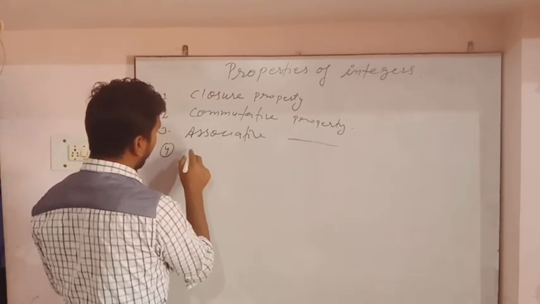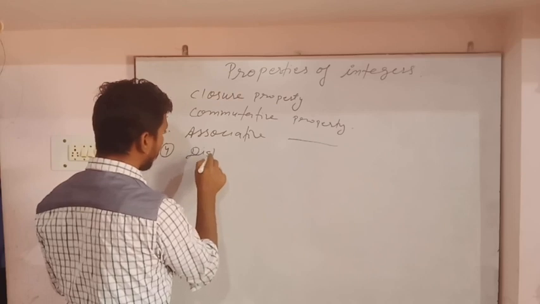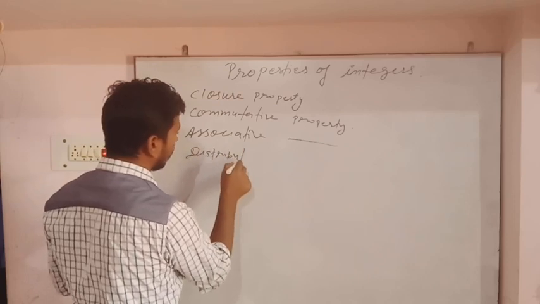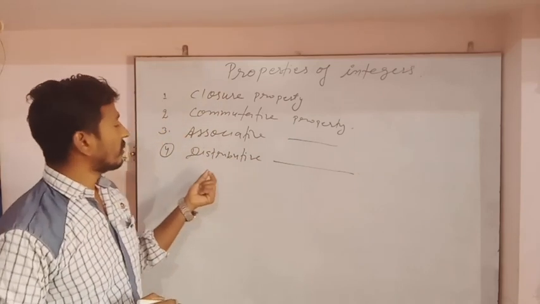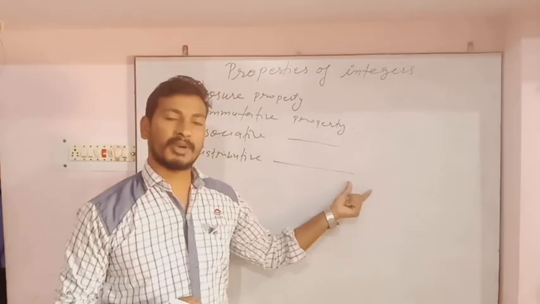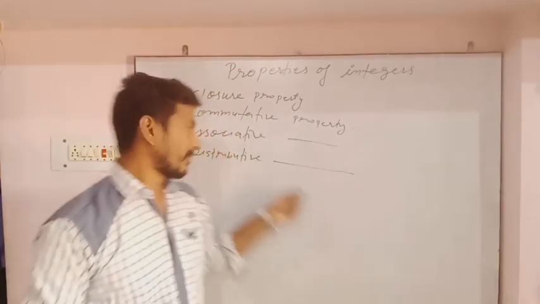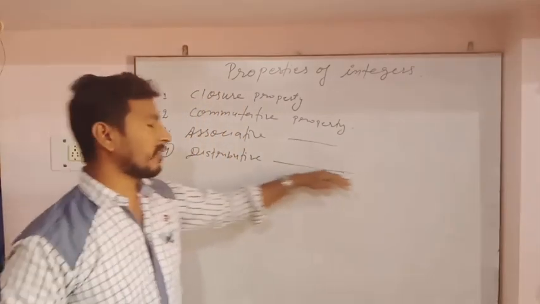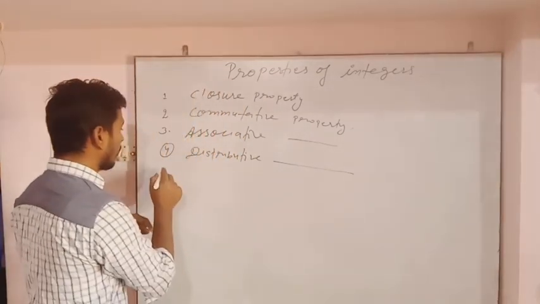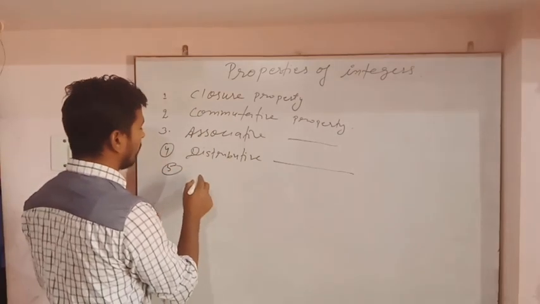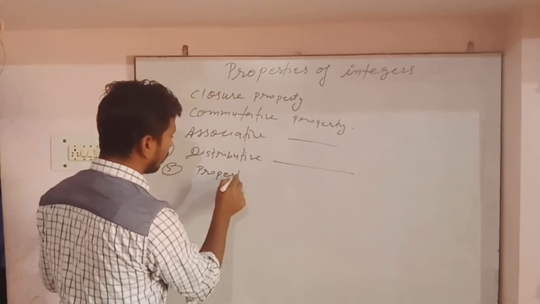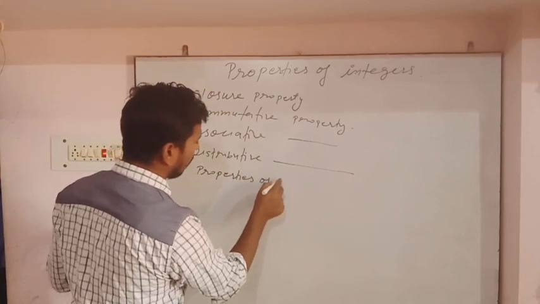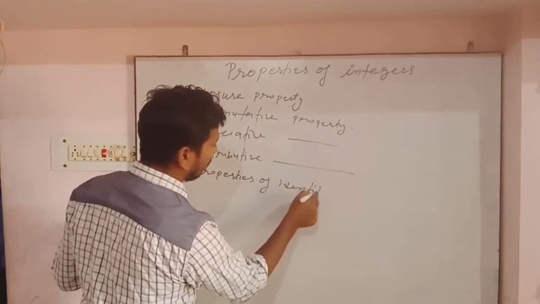Fourth one is distributive property. Actually, this is the distributive property of multiplication over addition, but in short, we are writing distributive property now. And the last one is property of identity.